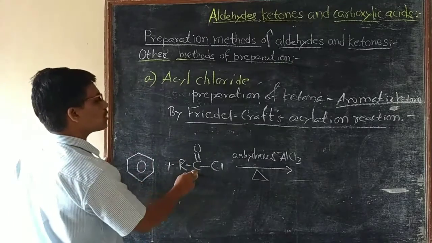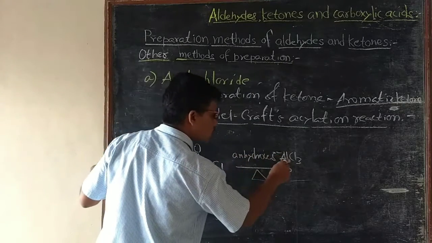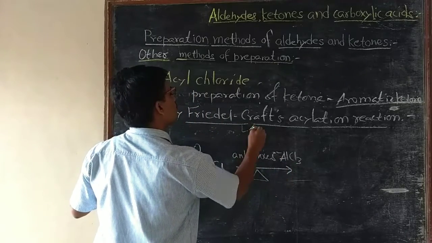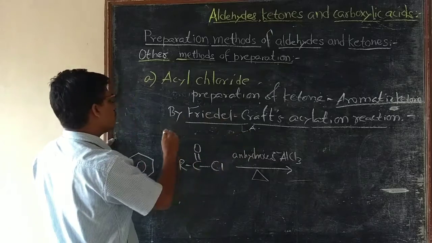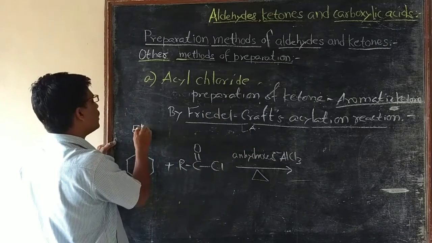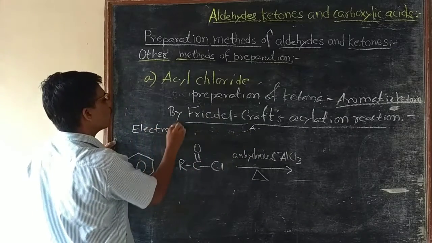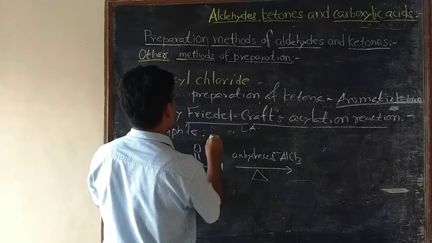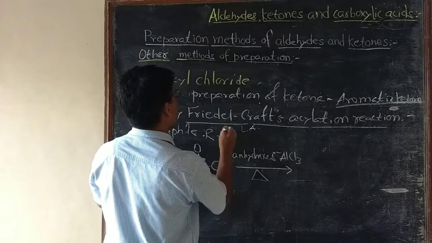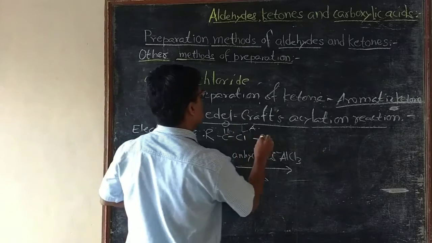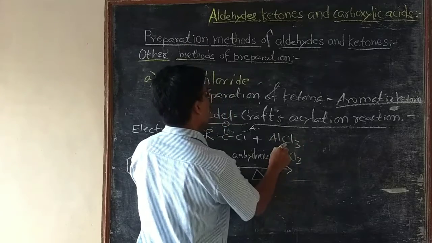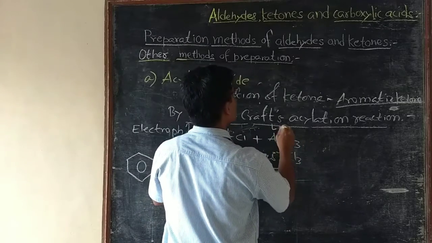In this case, this anhydrous aluminum chloride acts as a Lewis acid, and it forms an electrophile. This acyl chloride reacts with this anhydrous AlCl3, which acts as a Lewis acid.